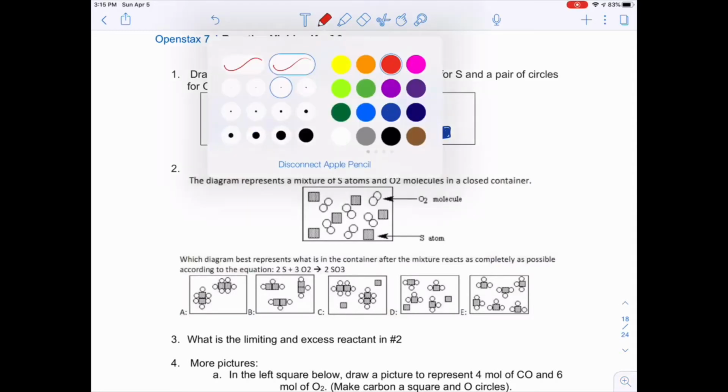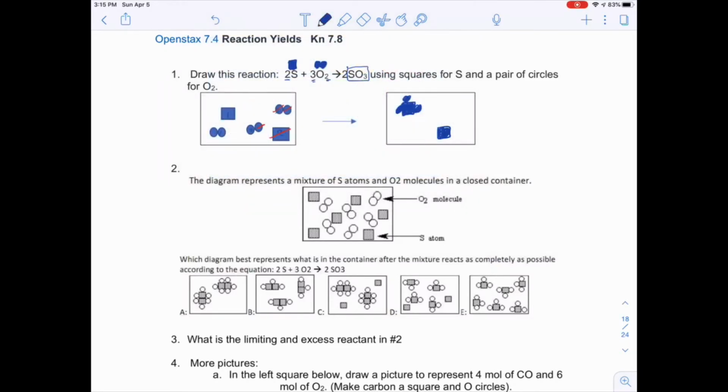And you'll notice what I have left over is 3 more of my O's. There's the picture showing you this is a perfect reaction. Most of the time you have a little extra of something. And what you have extra of is usually the cheaper ingredient in real life chemistry, or it's the easiest to handle ingredient. That's what you have extra of.